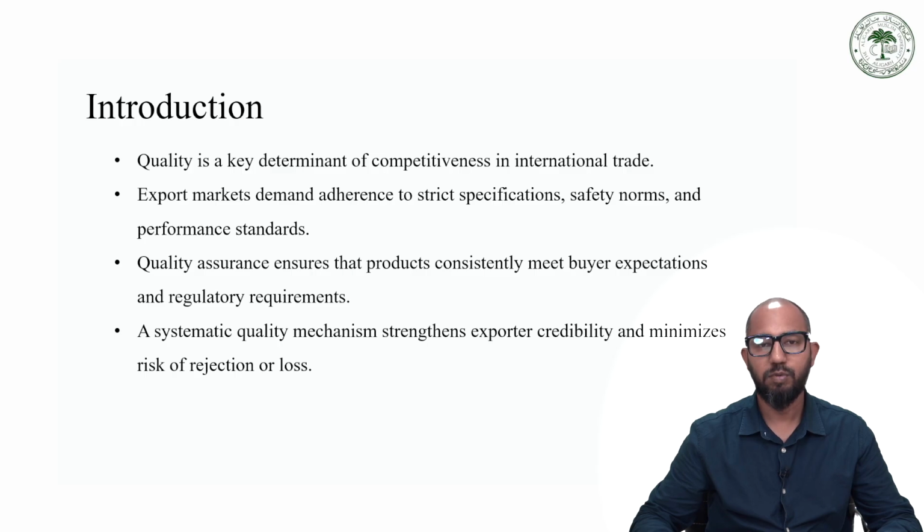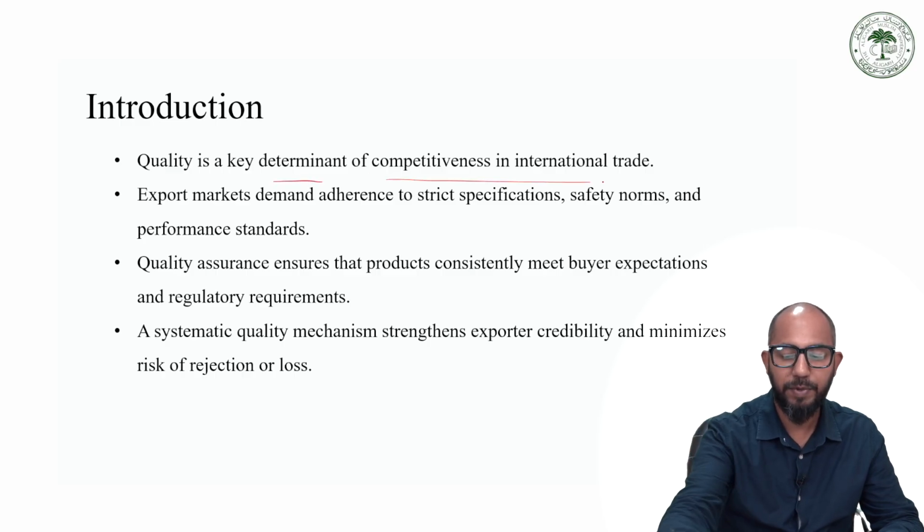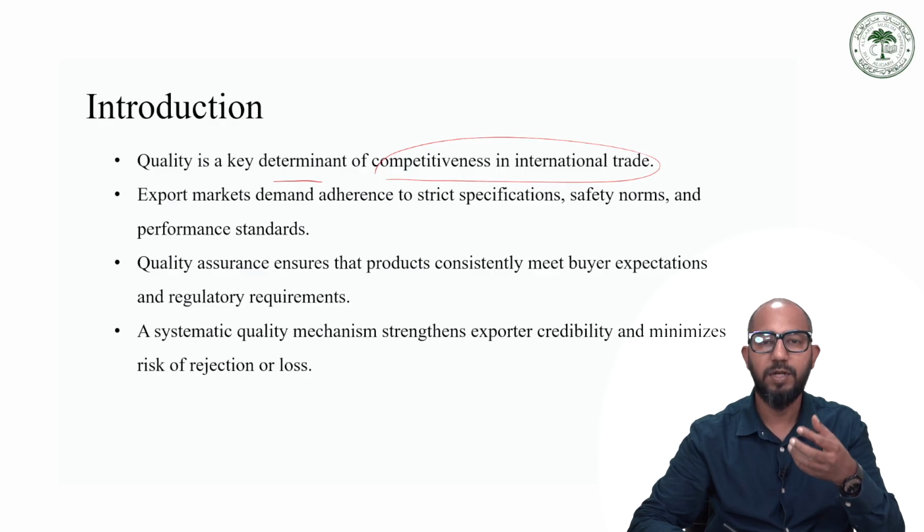At the very outset, it is important to understand that quality is key determinant of competitiveness in international trade. What makes a good of a particular country competitive in the international market? It is the quality. We all can take examples of electronic items emerging from Japan.